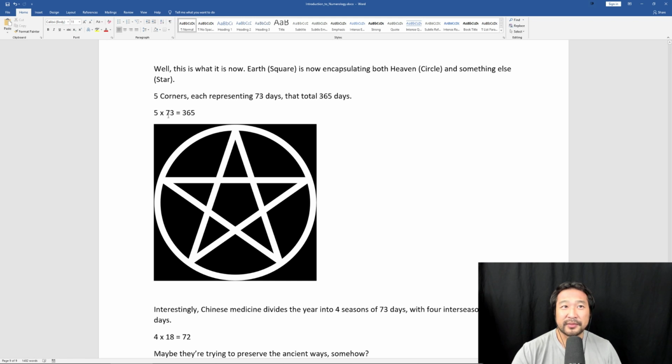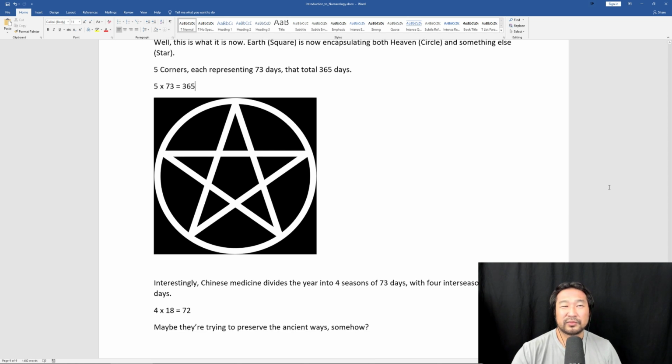So 5 times 73 equals 365. That's why 73 is an interesting number both in Mayan and Egyptian mythology, even though 72 for Egypt, they didn't really specify 73. But with my change in the story, 73 is the new number.